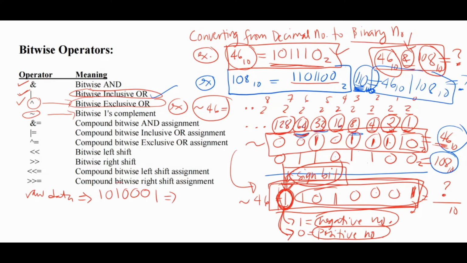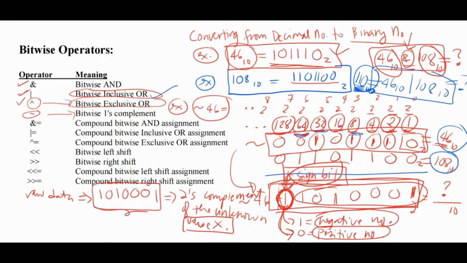We call this raw data the 2's complement of the unknown value, say we call it x. So what we are trying to find is the value of x.